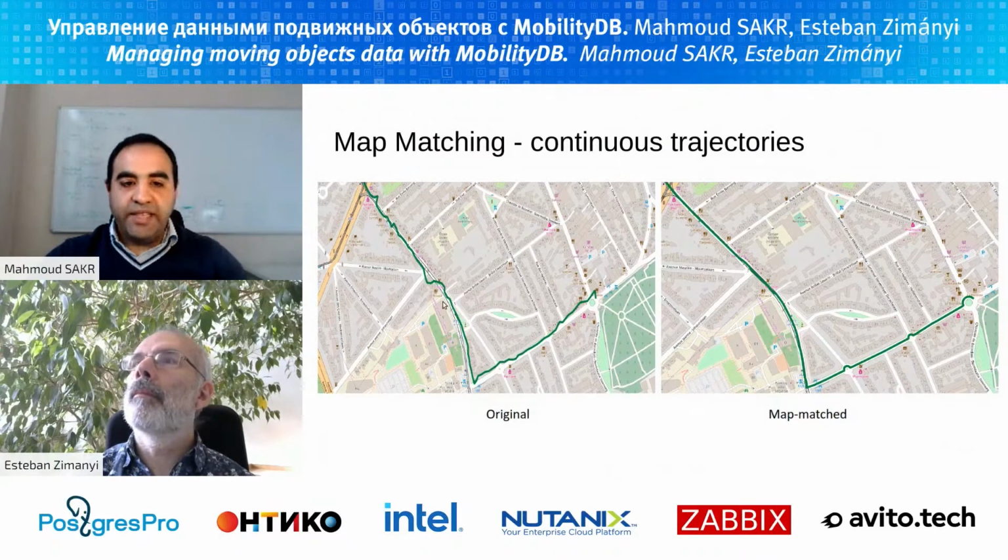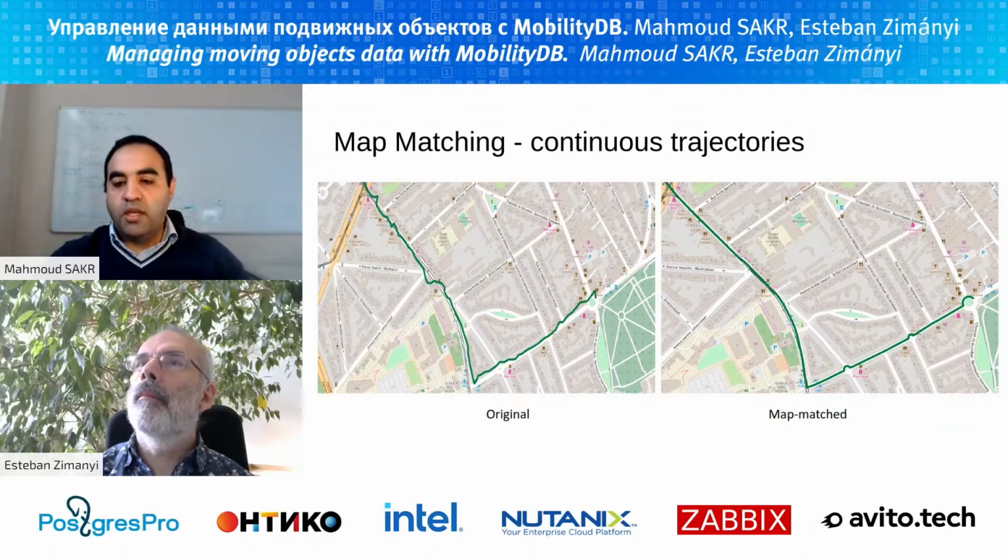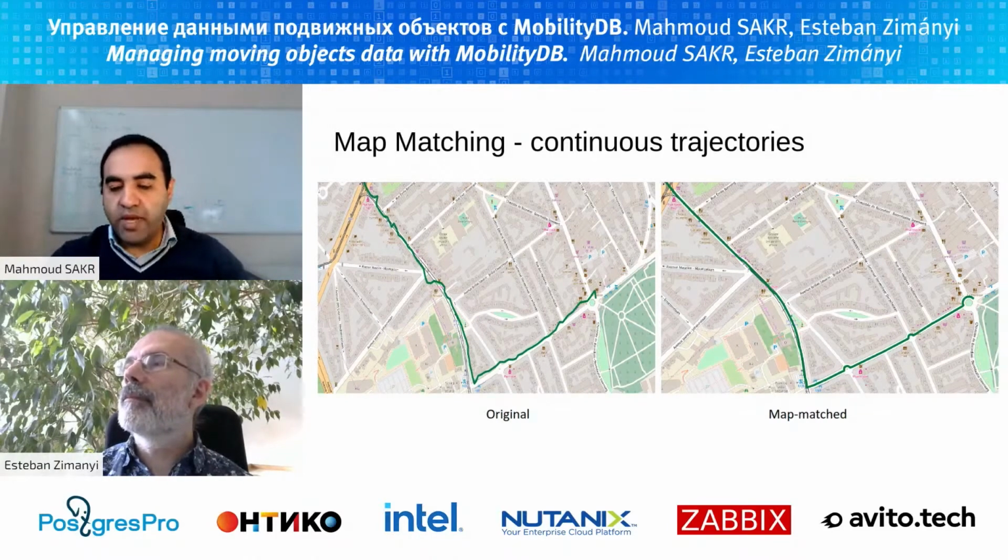It will not be neatly on the street, but this can be corrected using a process called map matching, and put neatly on the street, which will improve the accuracy of the analysis afterwards. Here we integrate with a tool called Barefoot, another open source tool, clean the trajectories in Barefoot, and consume them back in MobilityDB.